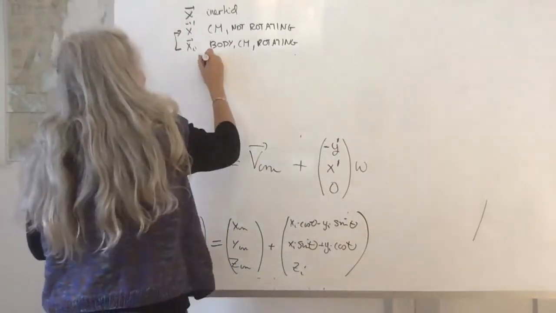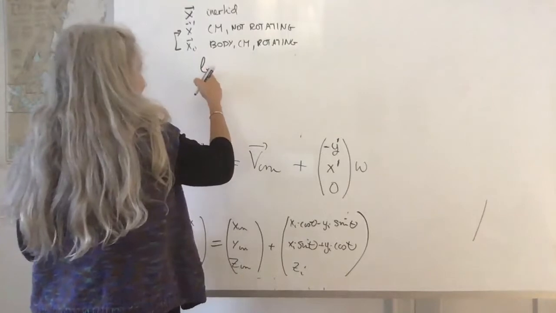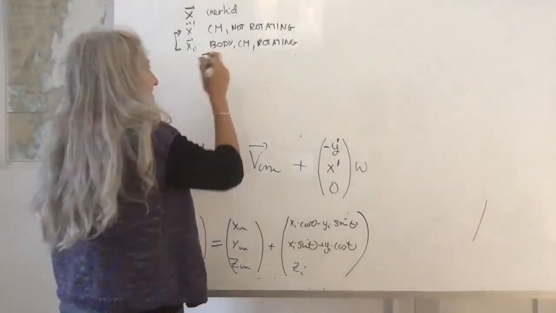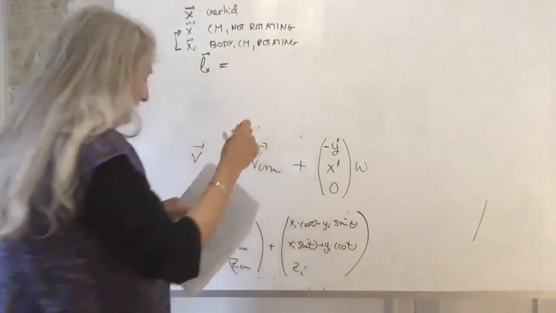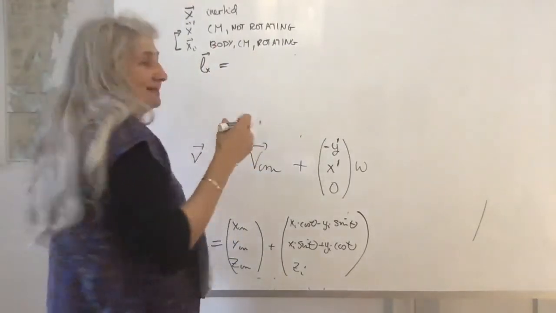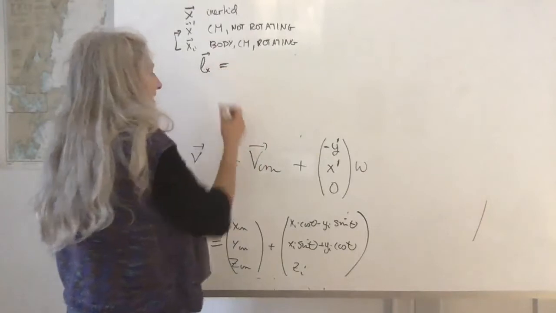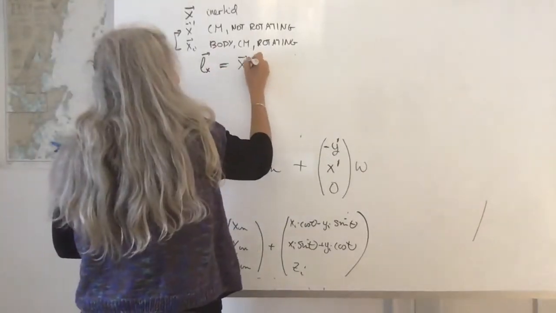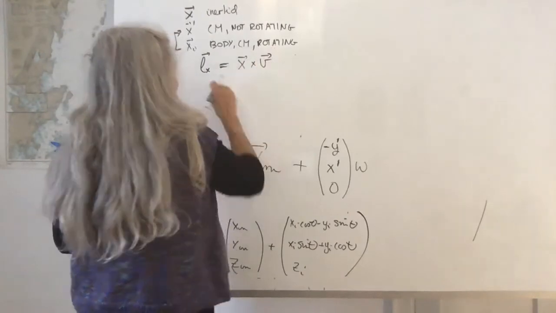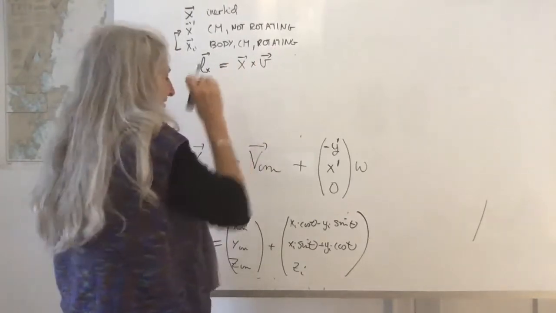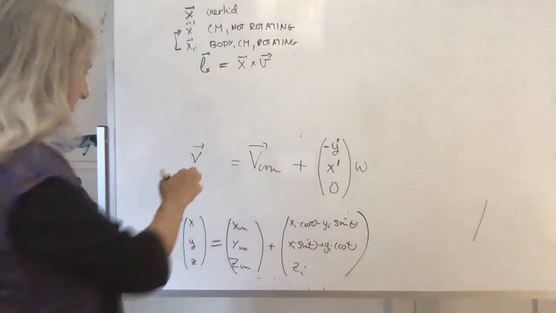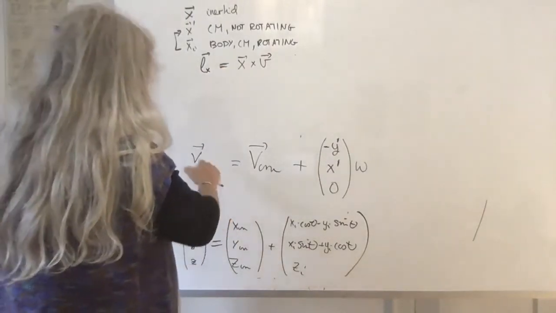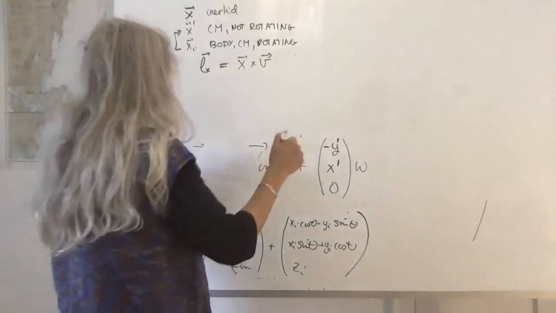I'm going to use Lx to be the angular momentum of just one particular position, and this is going to be per unit mass, so I'll multiply the mass later. So let's take x cross v. This is just for one little mass element at the position x. Here's x, and here's v, so I need to do this cross that.